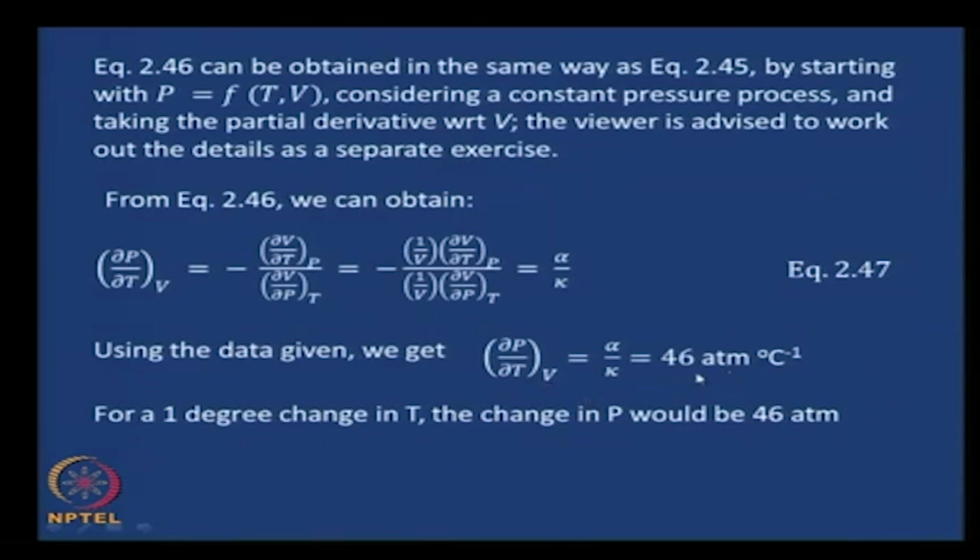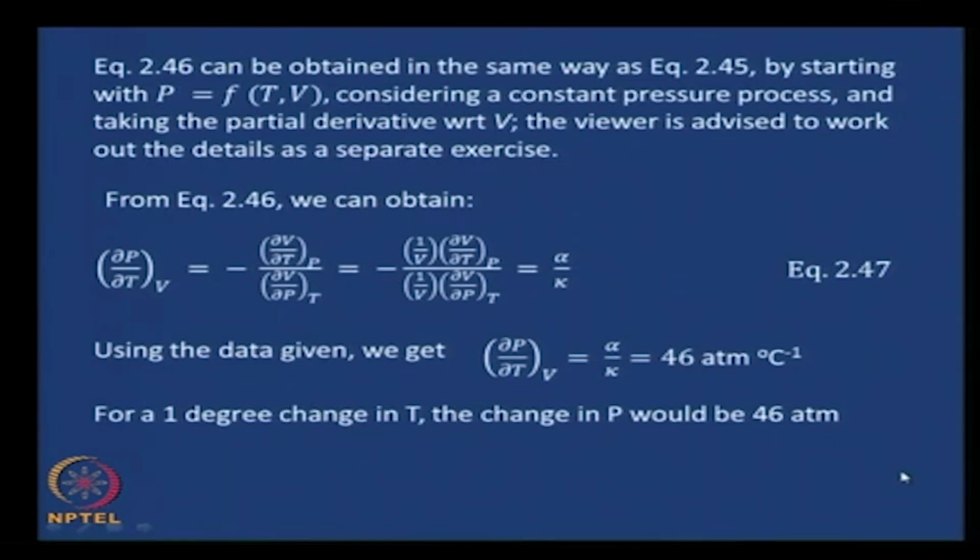In other words, we have a change in pressure for a unit change in temperature. So if the change in temperature is 1 degree, then the change in pressure would be 46 atmospheres.